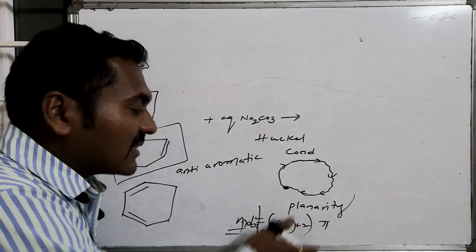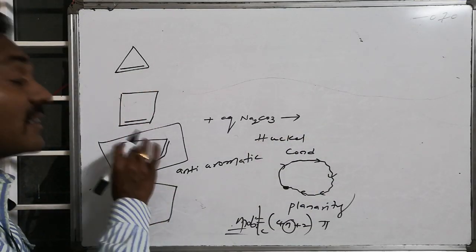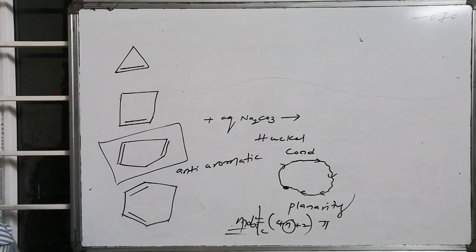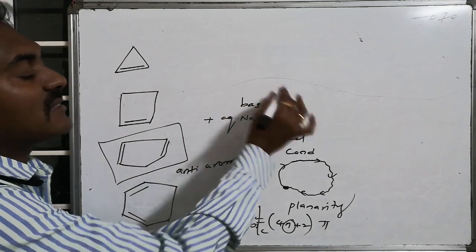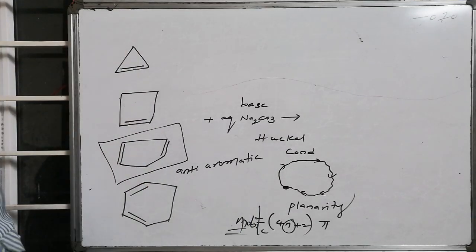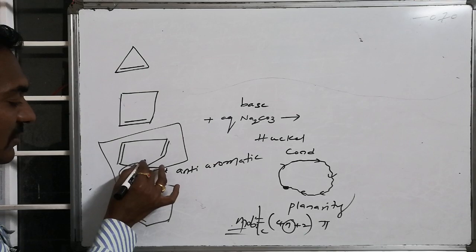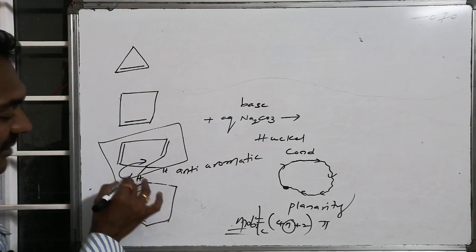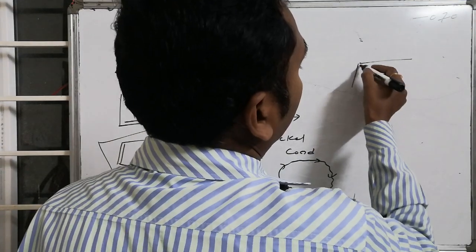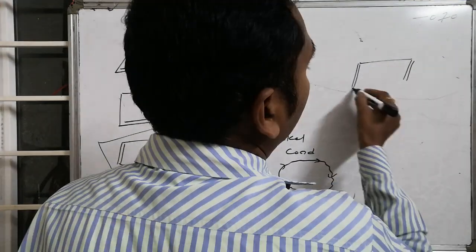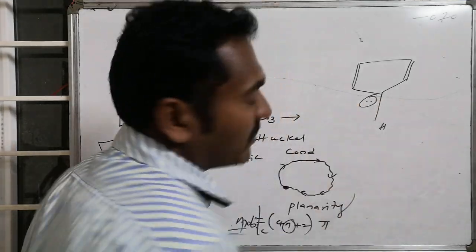If these conditions are satisfied, the system becomes aromatic, and this is possible if it loses a proton. As we said, sodium carbonate acts as a base and can abstract the proton. One of the C-H bonds is broken in such a way that the sigma bond pair is accumulated over the carbon as a carbanion, which now has a lone pair.